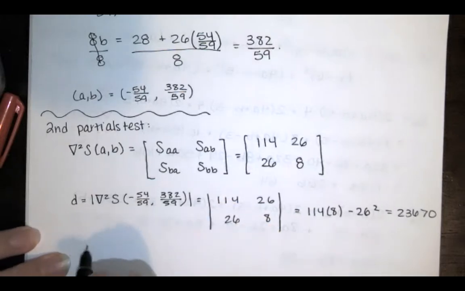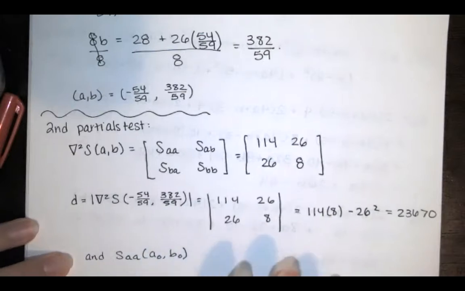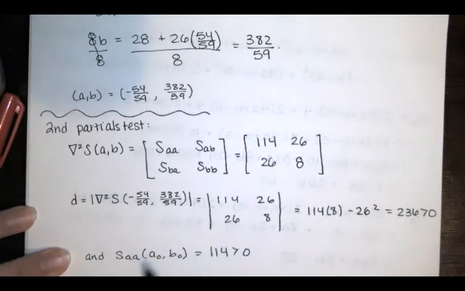So we've got D is positive, so that means we have a min or a max, and the second partial of S with respect to A at our critical value, I'm just going to call it A naught, B naught, is 114, which is positive. That means that this surface is concave up in the A direction. And it's also concave up in the B direction.